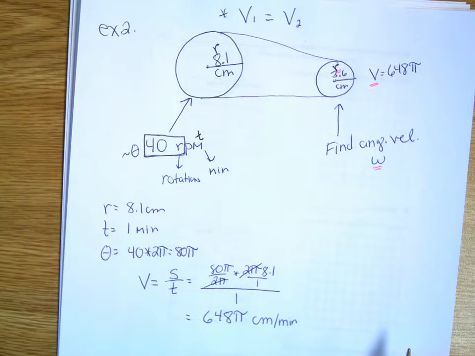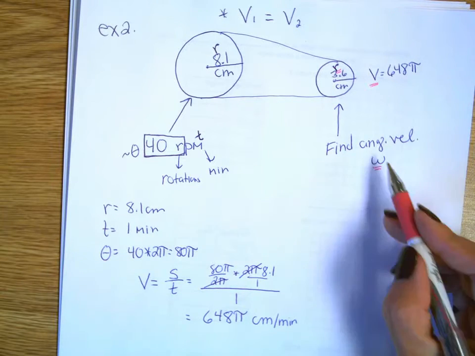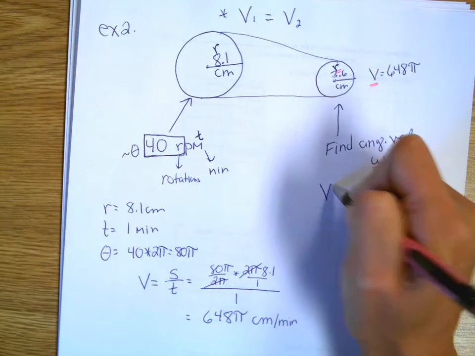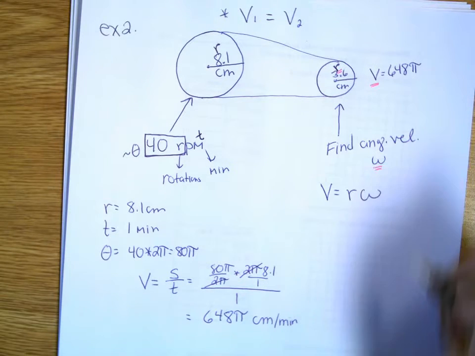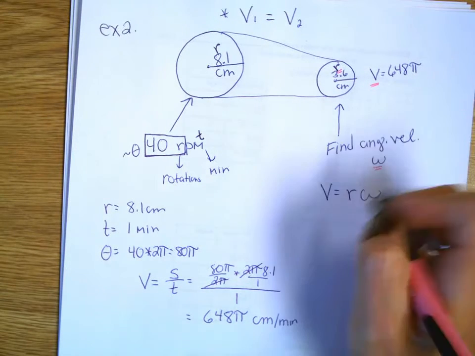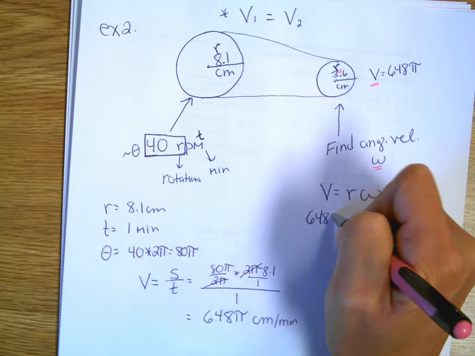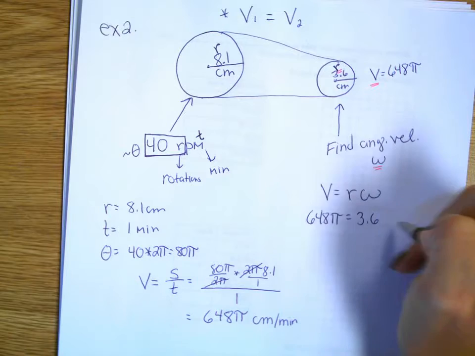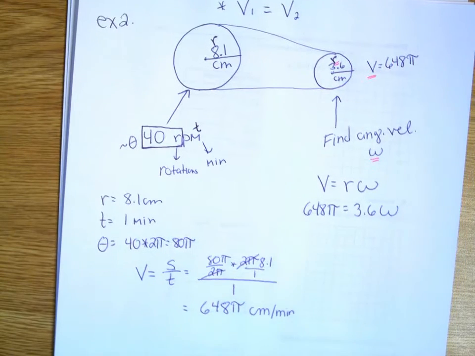V equals RW. So if you label everything, including what you're looking for, it's pretty easy to pick out the formula that you should be using, most of the time. So big V is 648 pi. Radius is 3.6. W is what we're trying to find.